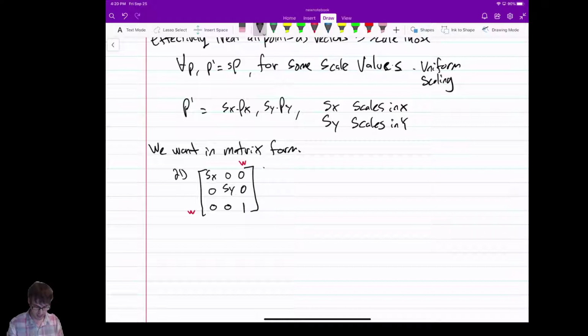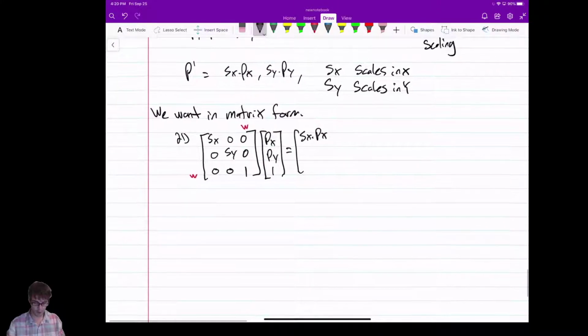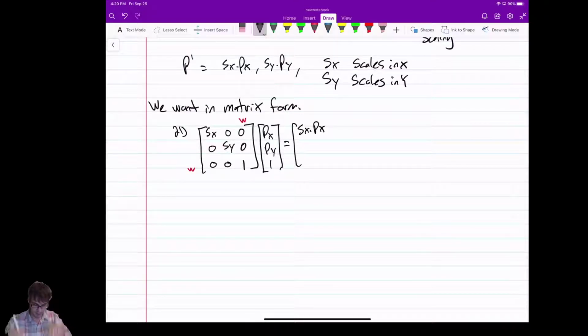So if I have this matrix and I multiply it by my point at x, point at y, and let's just say w is 1. We can change that to w, it doesn't really matter. It'll work out the same. Now I just do a matrix multiplication. Remember your matrix multiply rule? The top one is going to be sx times px plus 0 times y plus 0 times w. Then the next one is going to be 0 times x plus sy times py, it's a y, and then 0 times w.